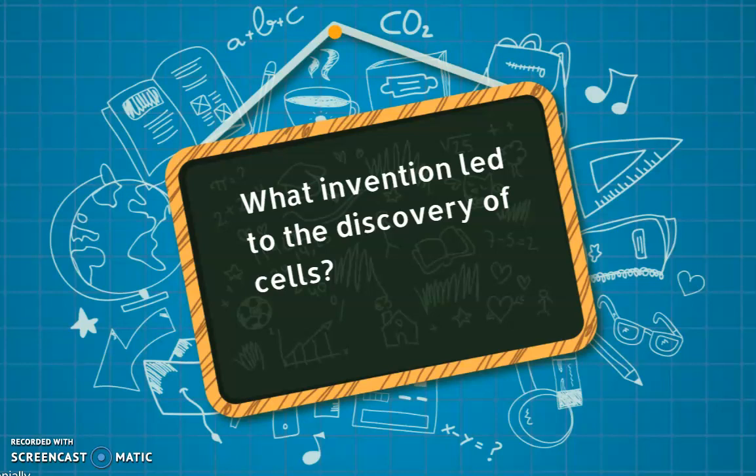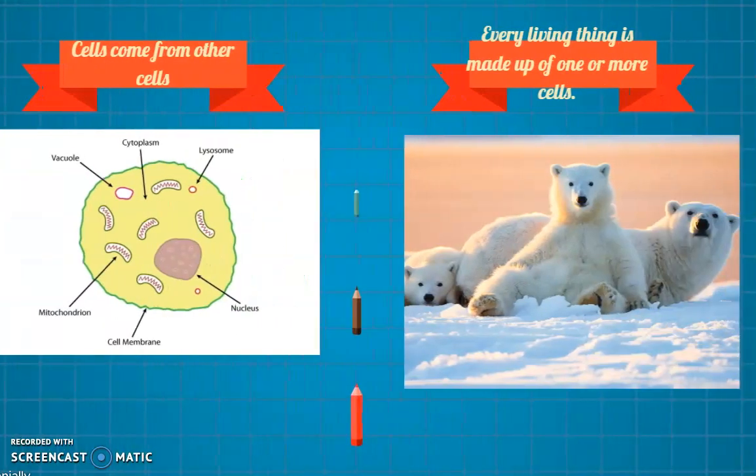Another scientist in Europe discovered that plants are also made up of cells. And then they discovered microorganisms. So all organisms are made up of cells. So just for the record, the invention that led to the discovery of cells was the microscope.